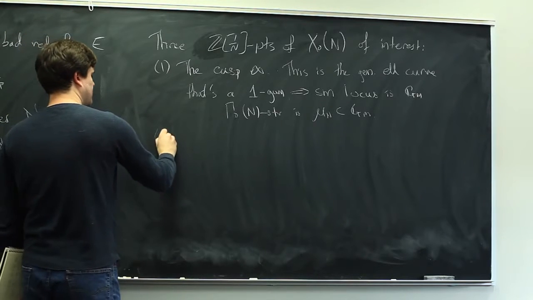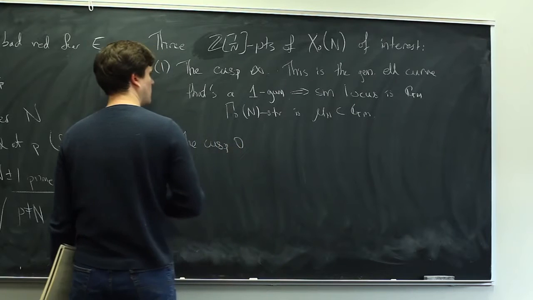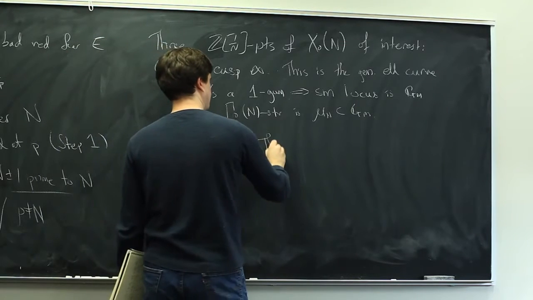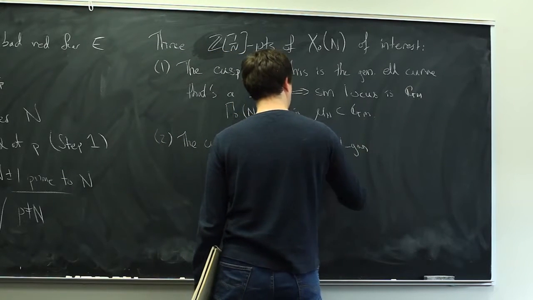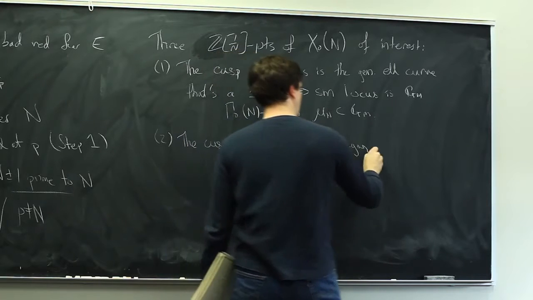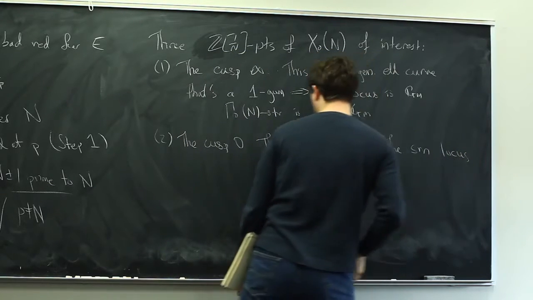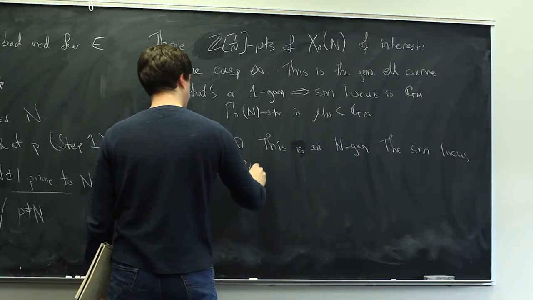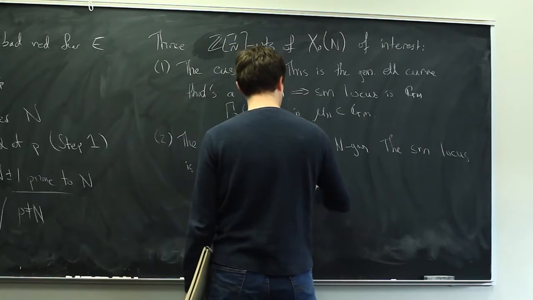Okay, we also have the cusp 0. And this is a generalized elliptic curve. It's an n-gon. The smooth locus of this generalized elliptic curve is G_m times Z mod nZ. And the Gamma_0(n) structure is just the Z mod nZ.